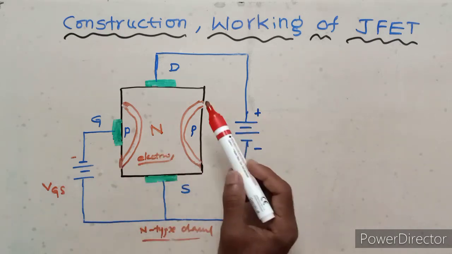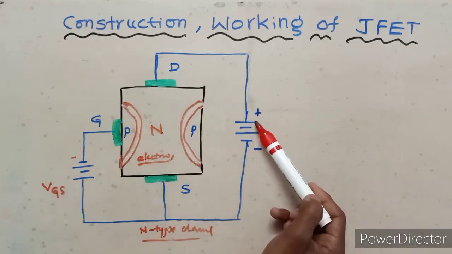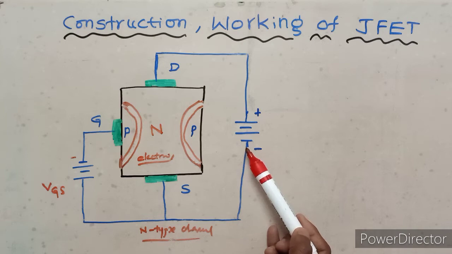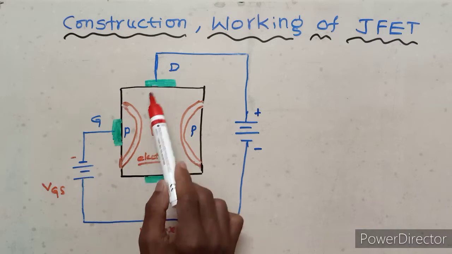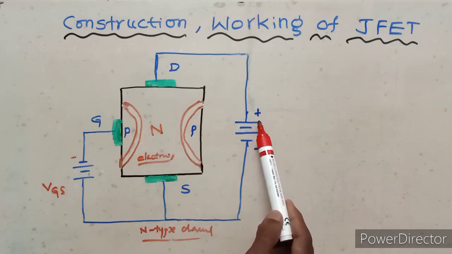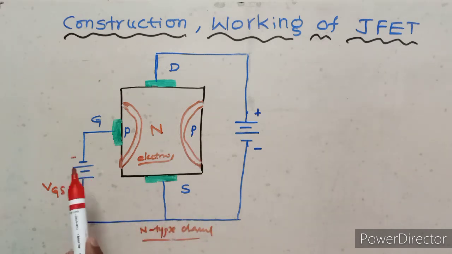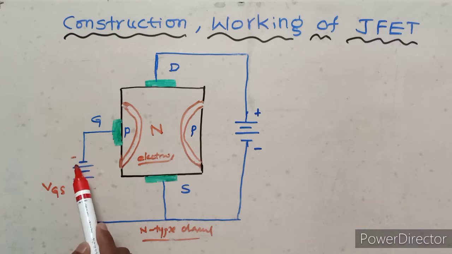Here the drain is connected to the positive terminal of the battery and the source is connected to the negative terminal of the battery.